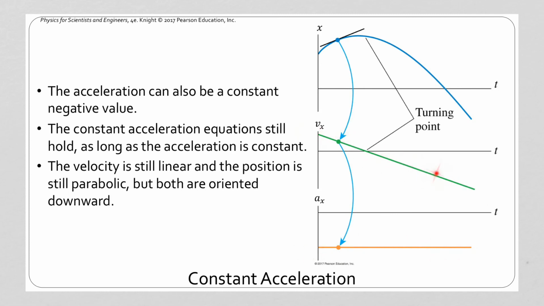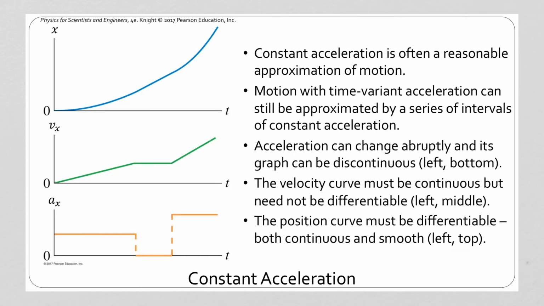So the velocity is angled downwards, but it's still a linear velocity and still a constant acceleration. In this case, we have a parabolic position, but it's a concave down position function, which corresponds to a negative acceleration, a negative second derivative.